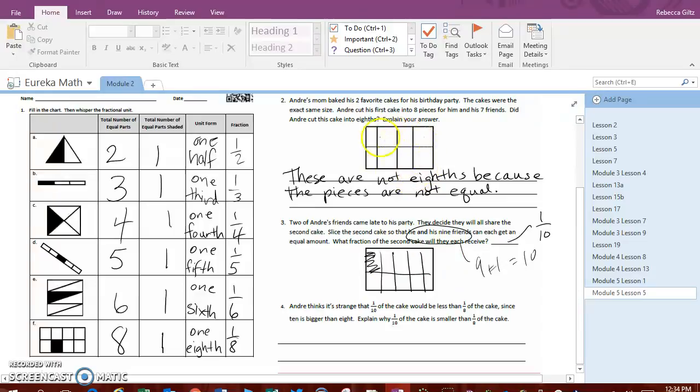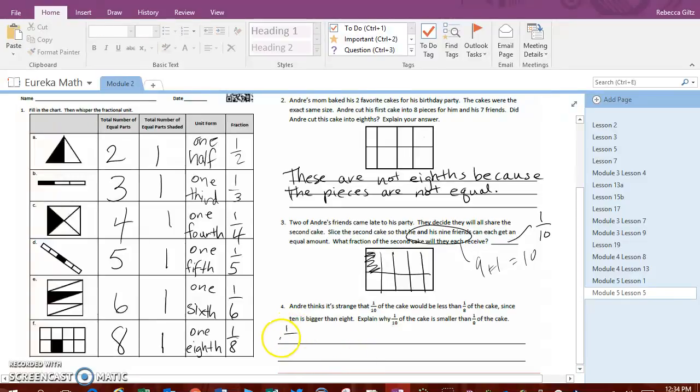Up here, the pieces can be bigger because it doesn't need as many pieces. So the pattern that you'll notice is that if you're using the same whole, the more pieces you cut, or the bigger that denominator gets, the smaller the piece actually is. So that's a relationship that's really important to remember when you get to the point where you're comparing fractions. And that's what this is doing.